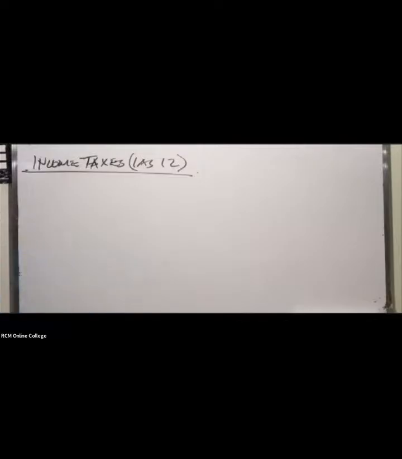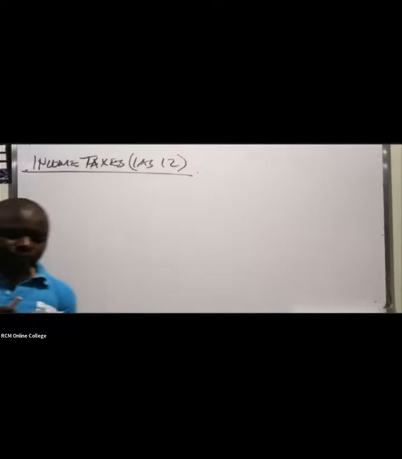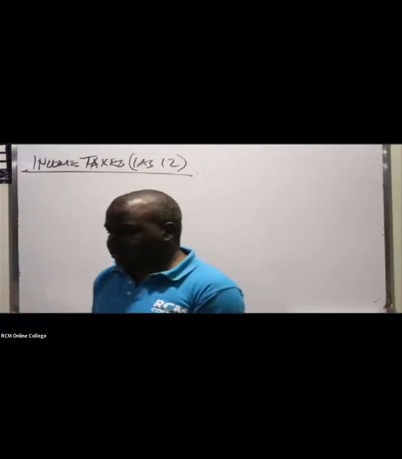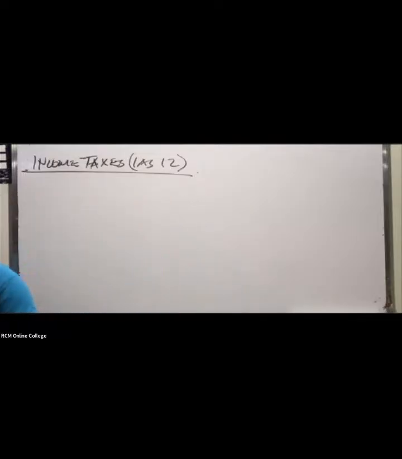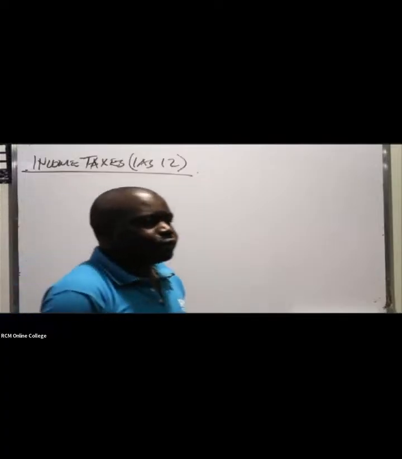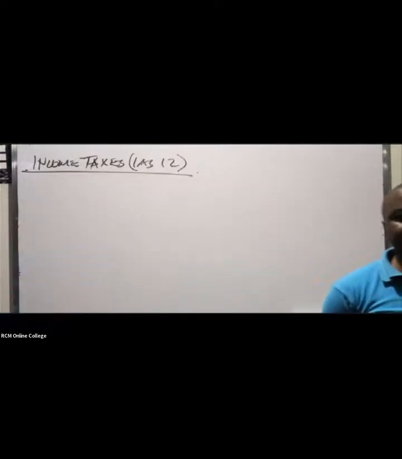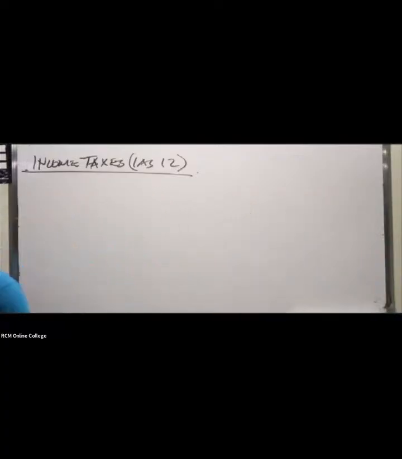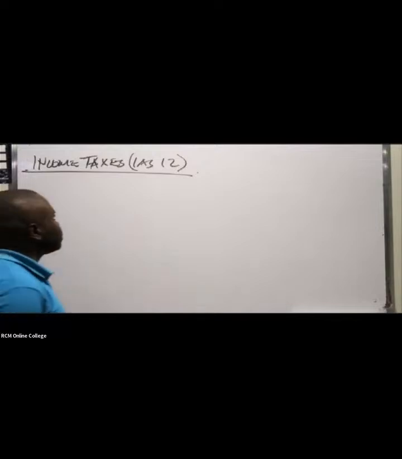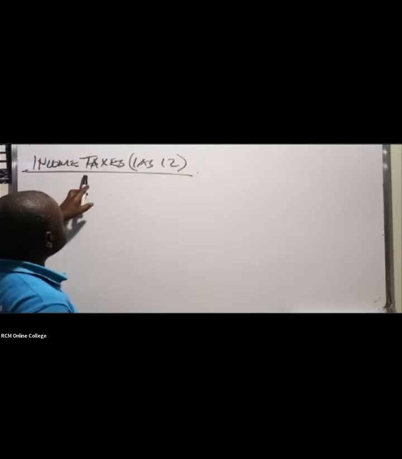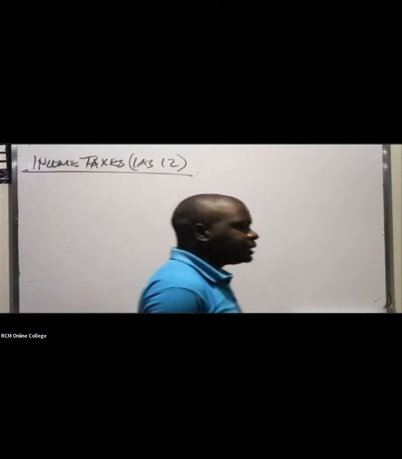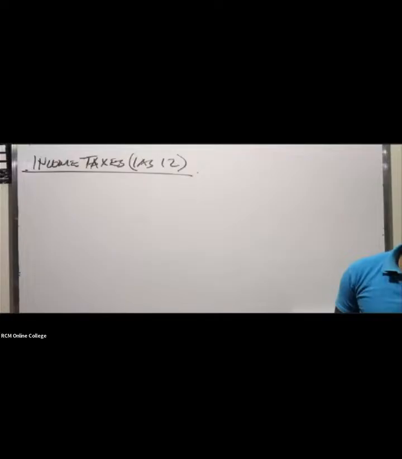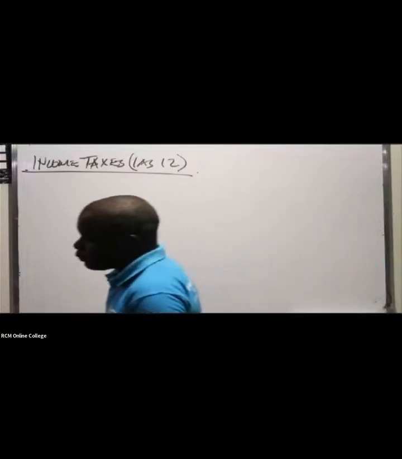So what do you mean by income taxes? These are simply taxes that will end up having to be paid to the revenue authority, for example in Kenya, the Kenya Revenue Authority.